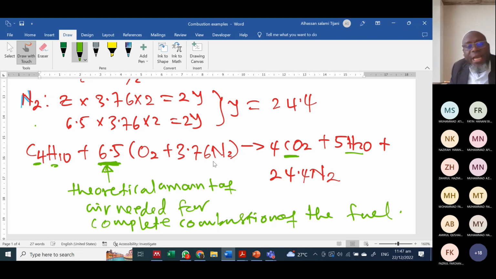The nitrogen just comes in and goes out without participating in the reaction. So now the equation is balanced. This is the exact amount of air necessary for complete combustion because it has carbon dioxide, water and nitrogen. You understand? So that's the complete combustion.